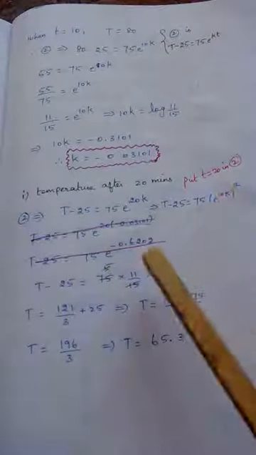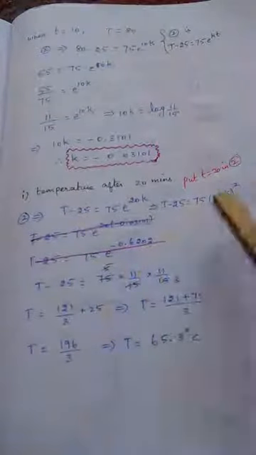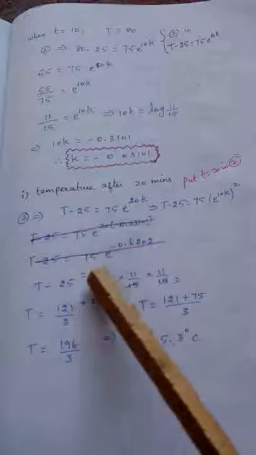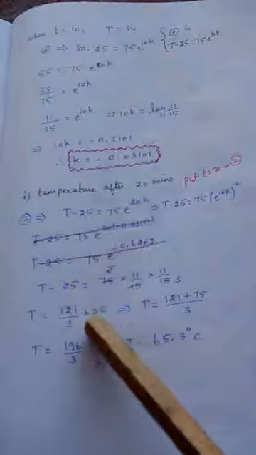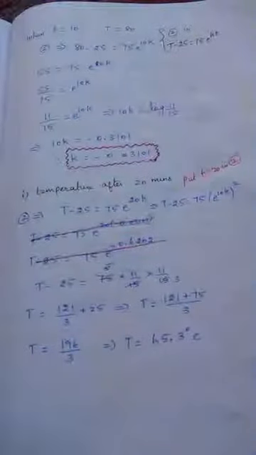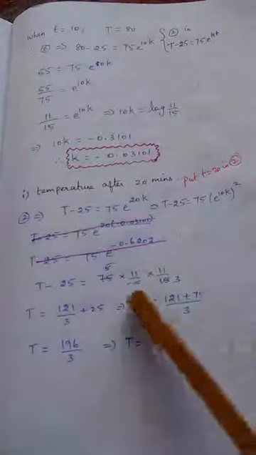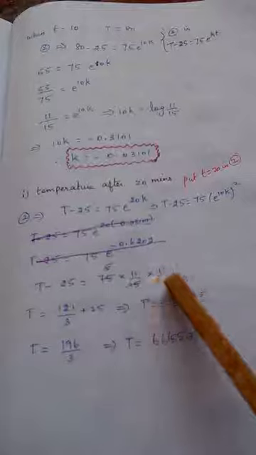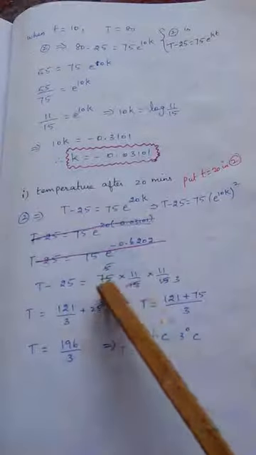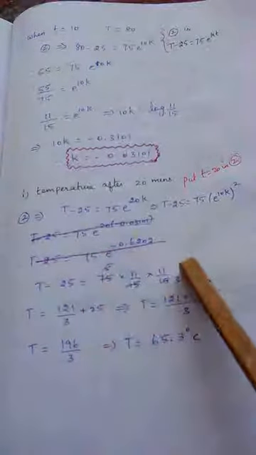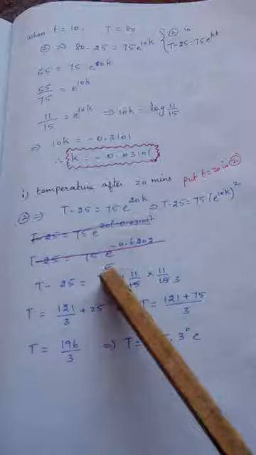So here I am putting 11 by 15 two times because the square is present. Cancelling this, simplifying, we will be getting this 121 by 3. If you see, 11 by 15 into 11 by 15, two times I have substituted. So cancelling this, 11 into 11, 121. So 121 by 3, here it is 5.